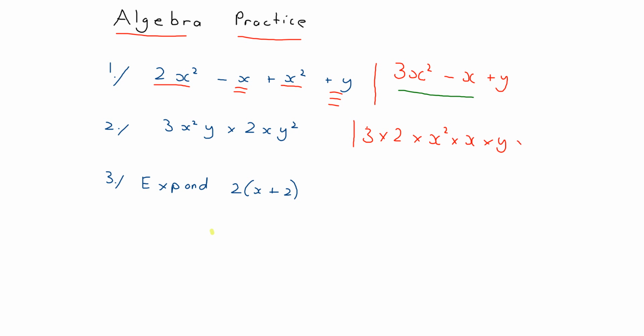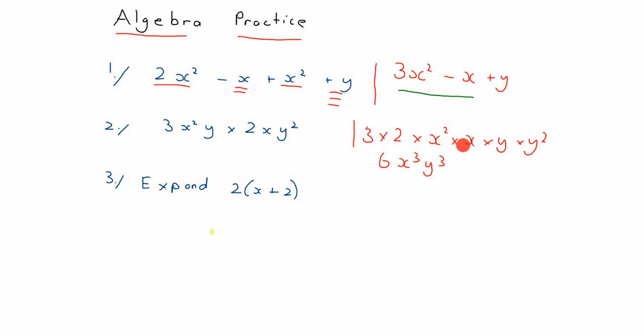So notice it's the same thing. I've just written them in a different order. And that's 6x cubed, because I add the indices, y cubed, okay? So basically when I get these, I times the numbers and add the indices for the pronumerals. And you can see the reason why over here too. What I do is I'm just writing them in a different order.